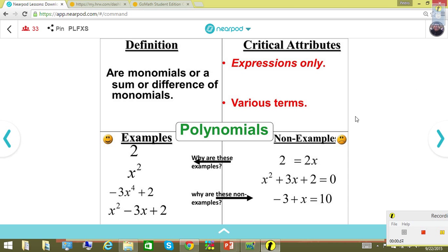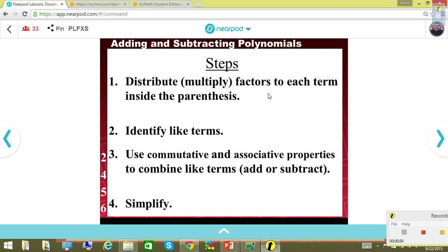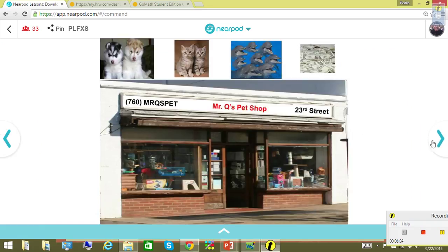We gave examples, non-examples. We wrote down our steps. Our steps were to distribute first the factors into the parentheses, identify like terms, use commutative and associative property to do that, and then simplify. So last week we did an introduction using the pet shop. Remember that? That we sold dogs, cats, dolphins, and so on and so forth.